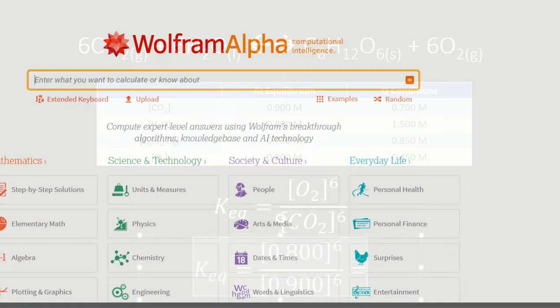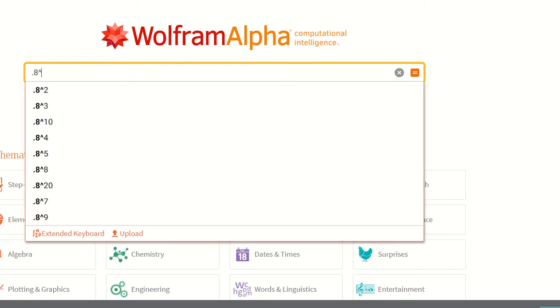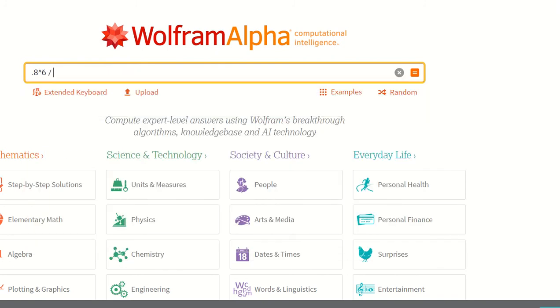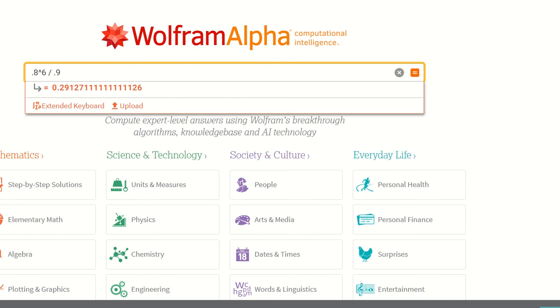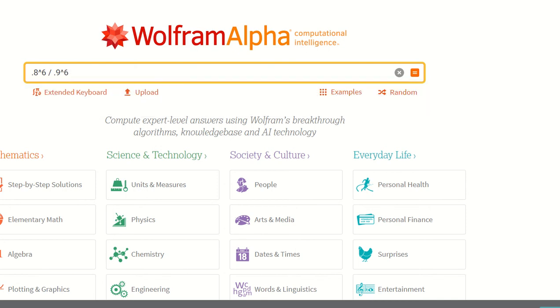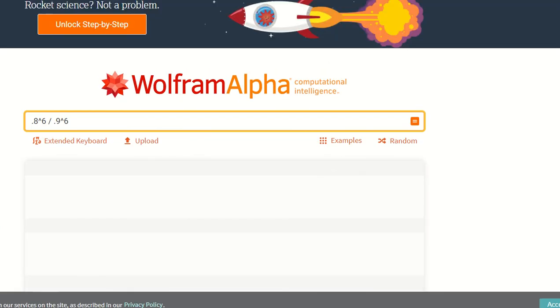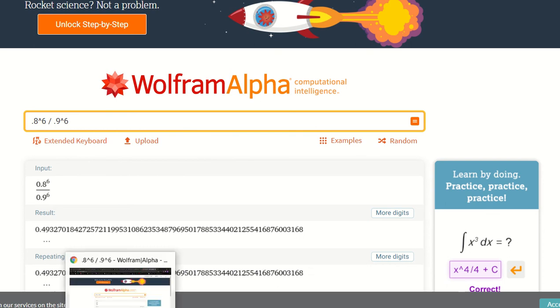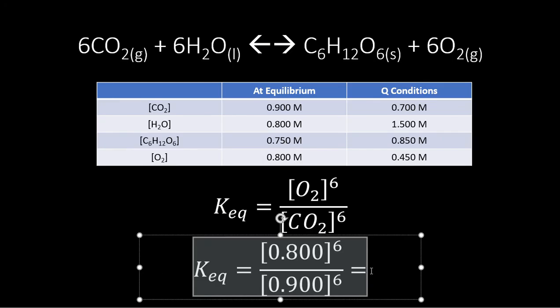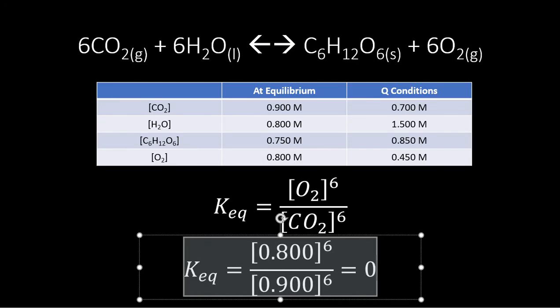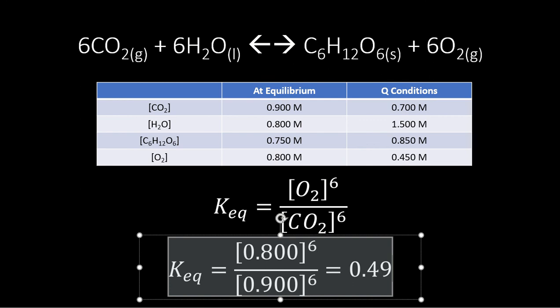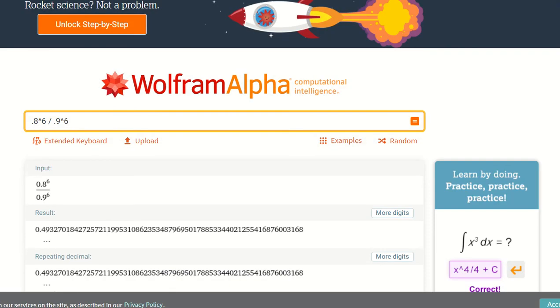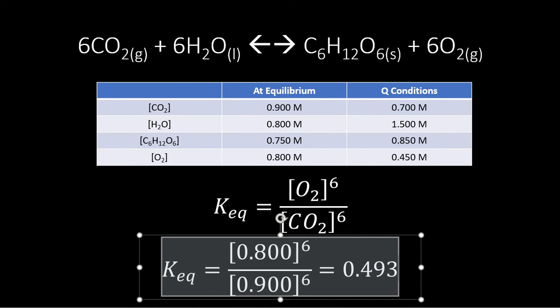So 0.8 raised to the 6th power divided by 0.9 raised to the 6th power. So 0.49. All right, cool. If we're keeping sig figs, then 0.493.